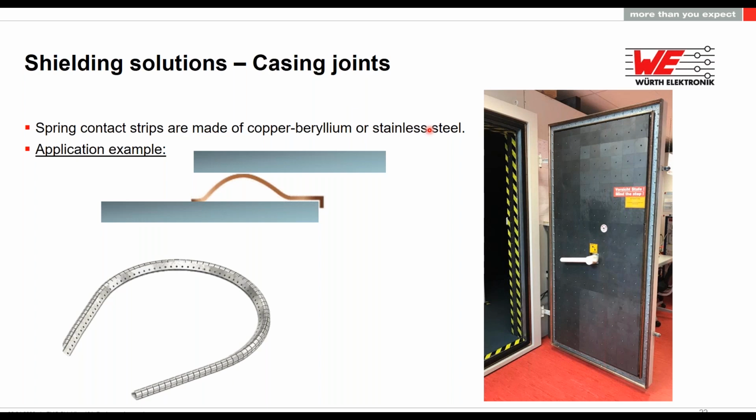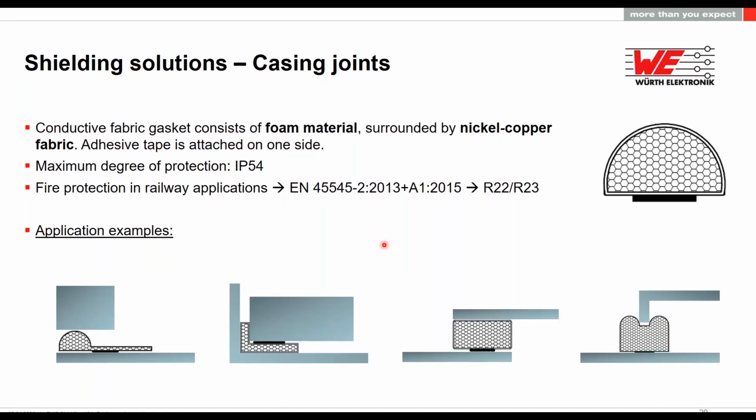HDMI, video and audio signals are really sensitive to noise because they carry a lot of data and they are high-speed signals. The most common way of solving problems in these cables is first to have good shielding on the cable, and then a good ending. One thing we can see in a lot of high-end devices on the inside is this kind of gasket.